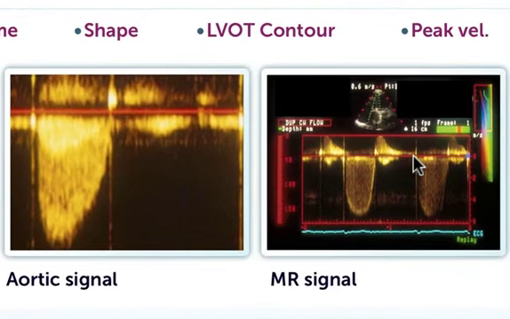Look here. Usually also in severe aortic stenosis you have a more dense signal. And furthermore, you can frequently see the LVOT Doppler signal in the contour here in the Doppler spectrum of the aortic stenosis signal.